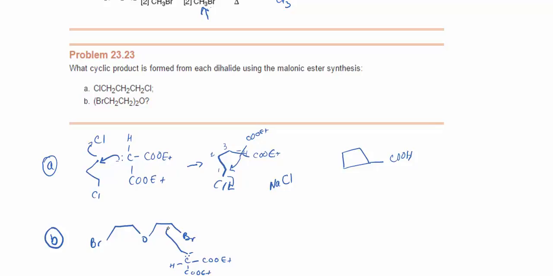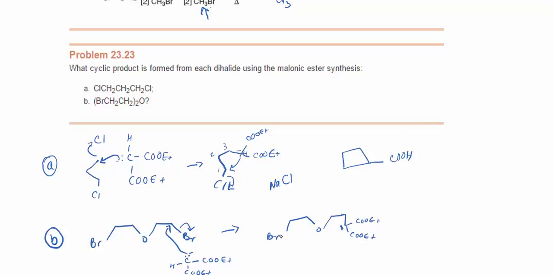This comes after this vulnerable carbon here, which kicks the bromine off. And then we have our acidic hydrogen. So that acidic hydrogen gets removed.